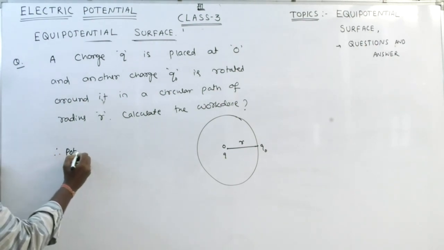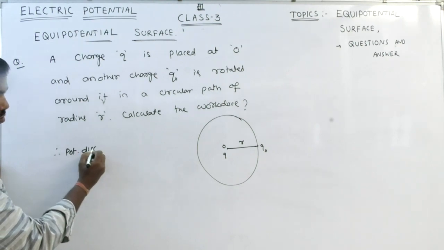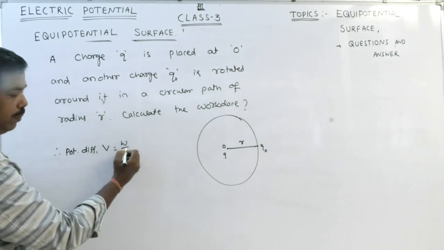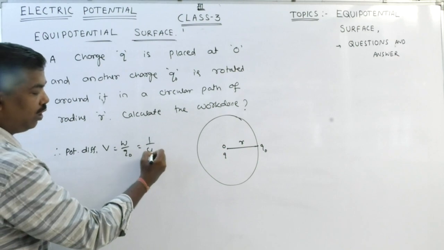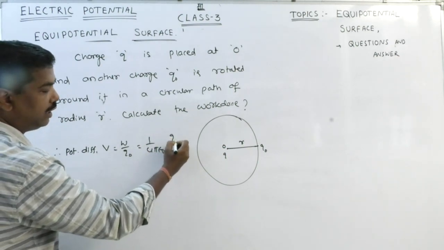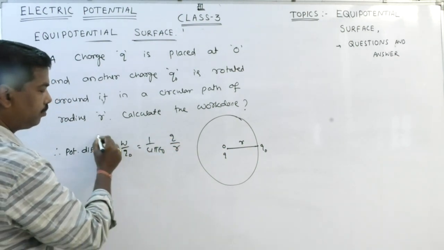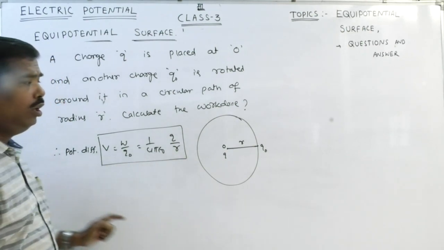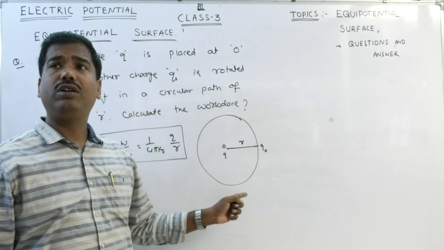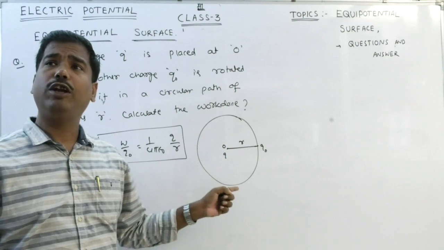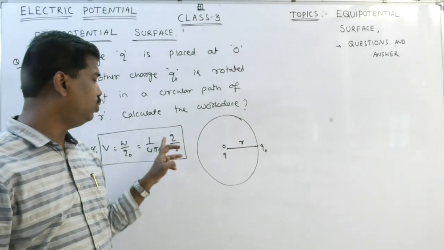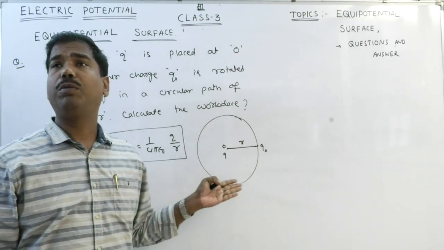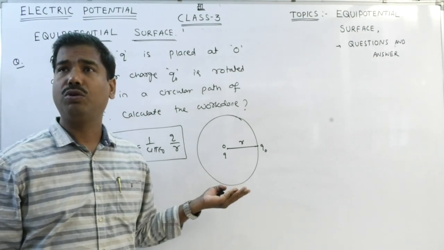Potential V is equal to 1 by 4 pi epsilon 0 into Q by r. Clear? Take any observation point. You will find the same potential, because Q is constant and, for a circular path, the radius r is also constant.